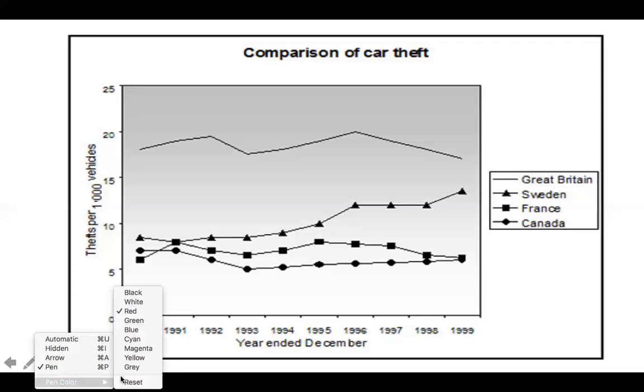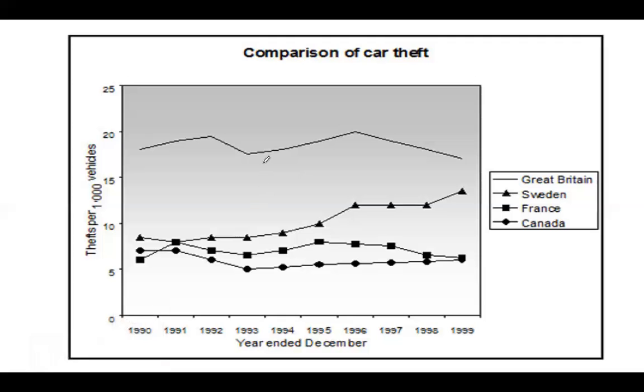So what's the most obvious thing? Let me just choose another color here. Okay, so what's the most obvious thing you can see here? The most obvious thing I would pick out is the fact that Great Britain, so this is Great Britain up here, that car theft in Great Britain remained significantly higher throughout the period than any other country.